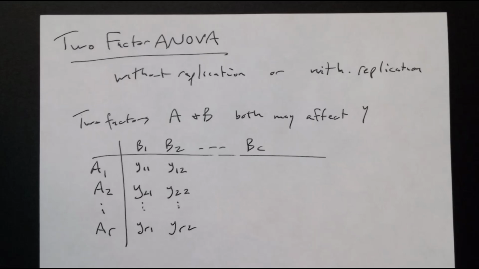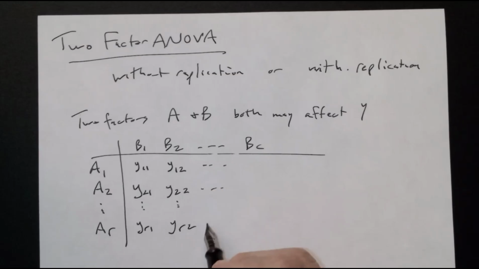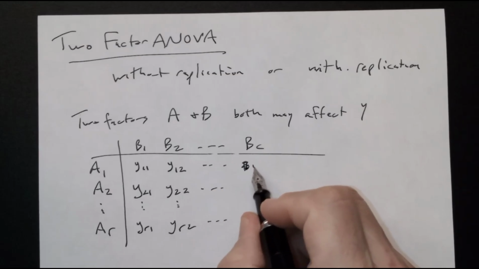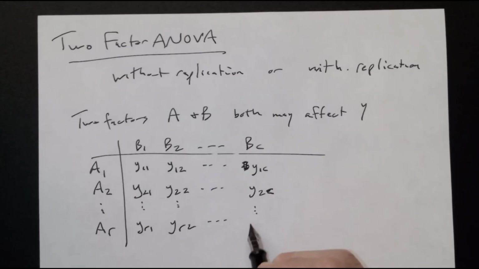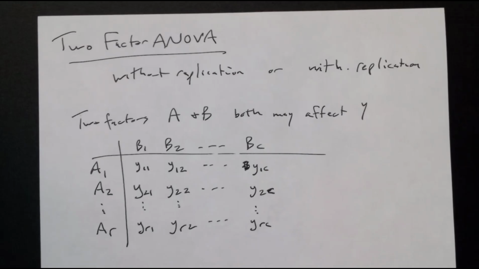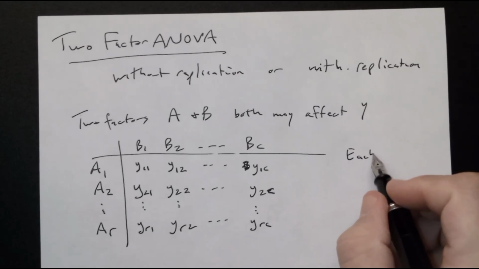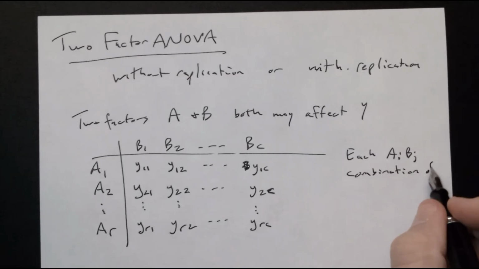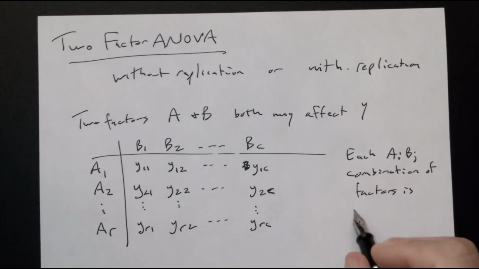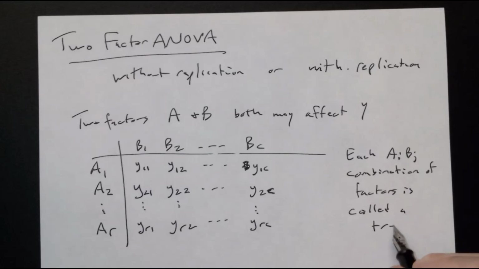For each row, there's one and only one number. Some people call this non-repeated measures. There's only one measurement in each combination of factors.